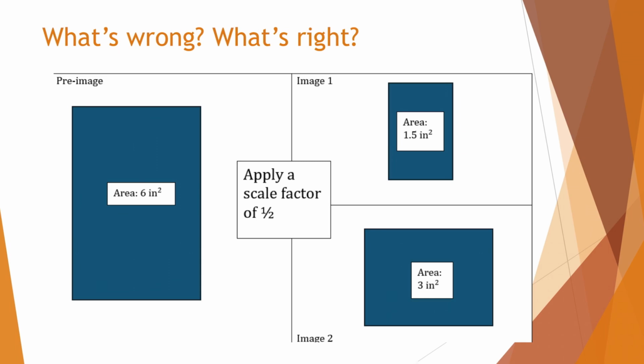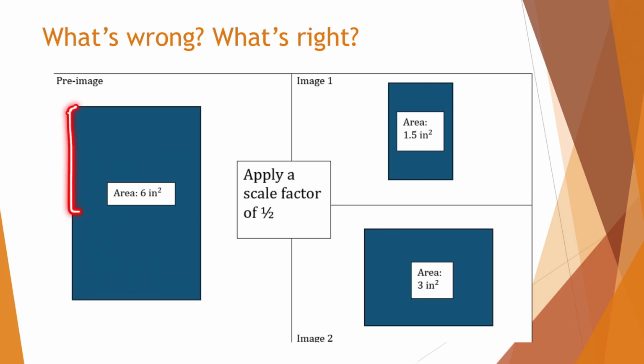Okay. If you said image 2, you would be wrong. This is one of the common things that I'll see happen: students will see, oh, that's a 6. I know that it has to be 1/2, so that means the area has to be 3. But that's wrong. When we're applying the scale factor, we're not applying it to the area. We're applying a scale factor to the sides.